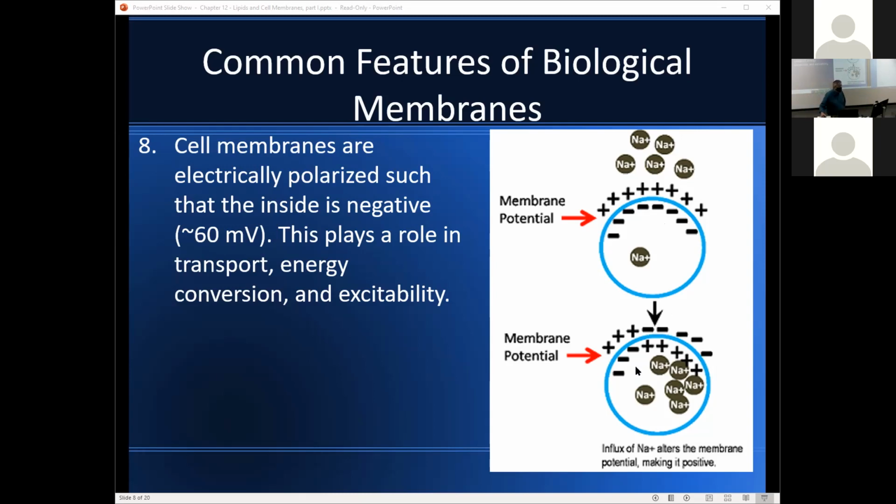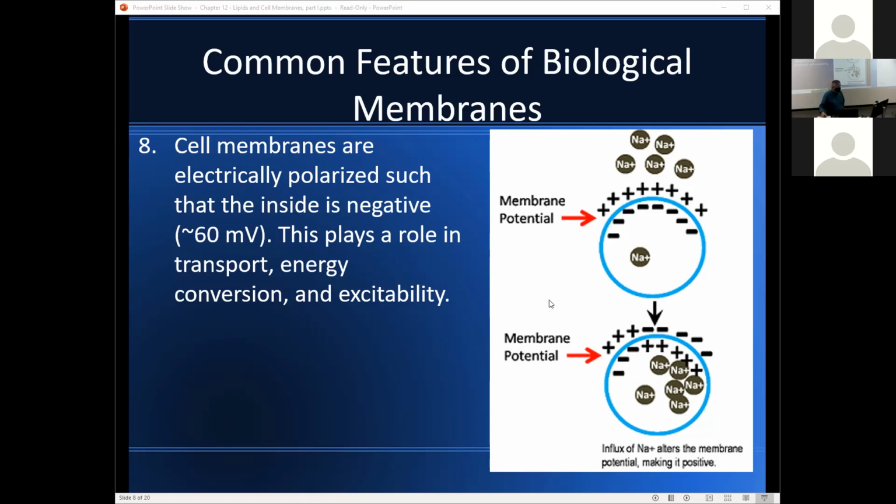This is especially important in neurons. So neurons are the cells of the nervous system that transmit electrical impulses to the brain and from the brain as well. These electrical impulses happen because of depolarization of the plasma membrane of neurons, which are the cells that carry electrical impulses.